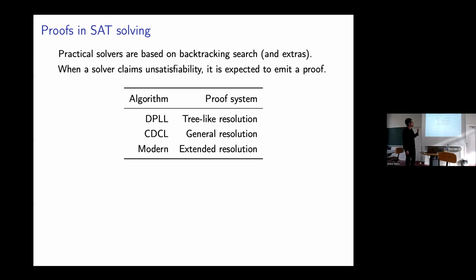And by modern, I mean the actual solvers that people claim are doing really interesting things. And this is CDCL plus changes to the formula. So during the search and before the search, these modern solvers not only search, but also rewrite the formula over which they're looking for some assignments.